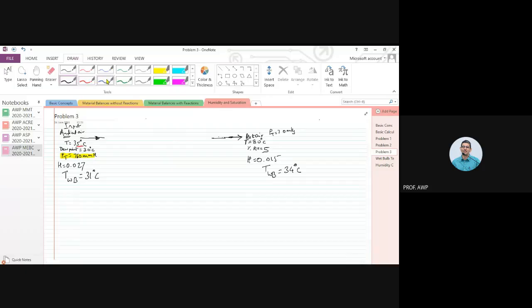So obviously now the humidity has to reduce from 0.027 to 0.015, right? So what are we going to do? We would need to cool this air. Let me stop this again, go back to the chart.